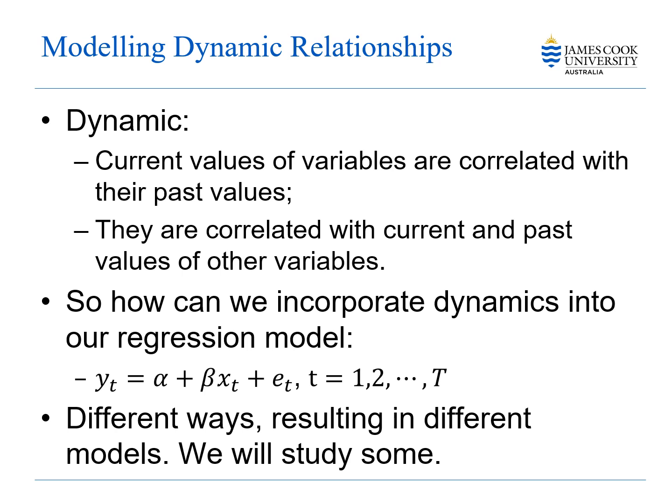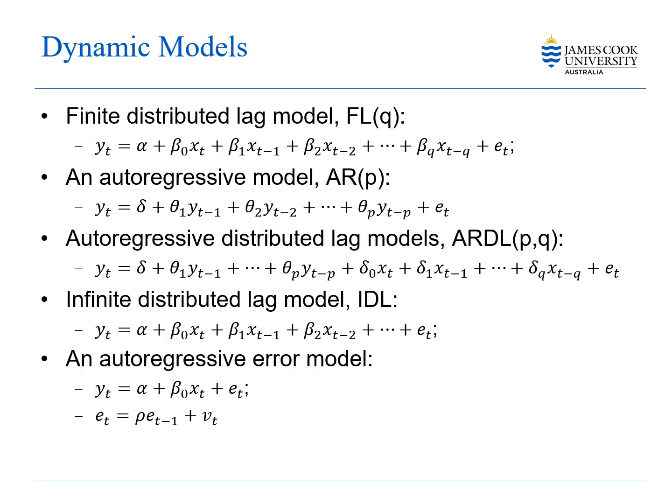So how can we incorporate dynamics into our regression model? There are different ways, resulting in different models, and we will study some. For example, finite distributed lag models of order q. Now x_t affects y_t, with 1 period lag, 2 period lag, until q periods lag, affecting the current value of y.